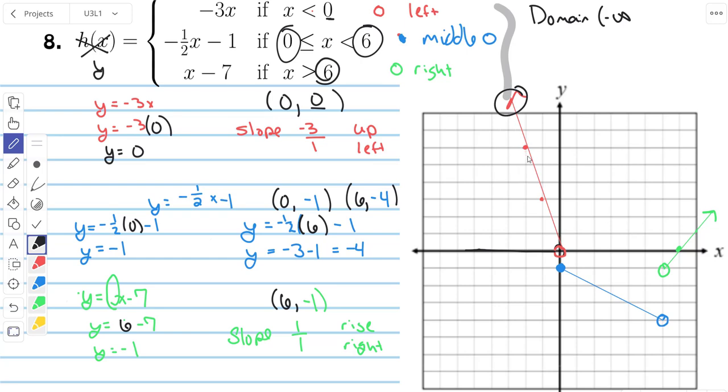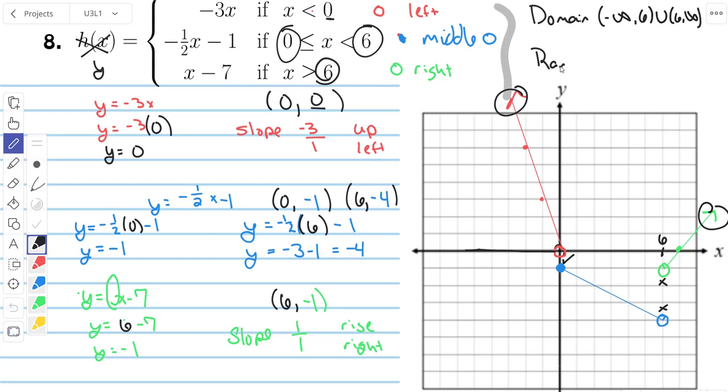And so now as I'm going towards the right, I hit down here at that 0. I need to check. That one checked. Now I go down. That one can't be there. It can't be here. So at that 6 value, I have nothing. So I need to put parenthesis 6, unioned with 6, and I go to an arrow. So positive infinity.